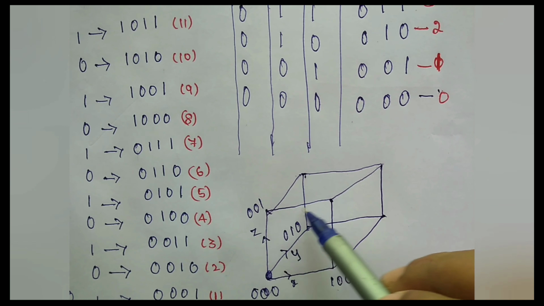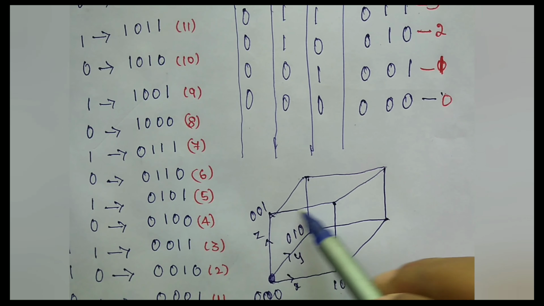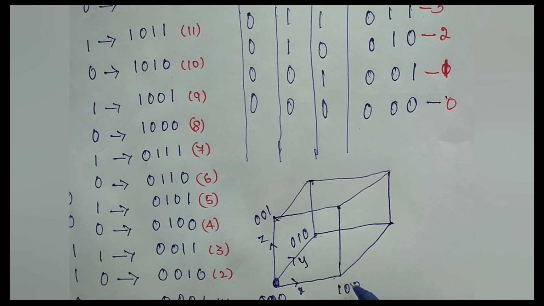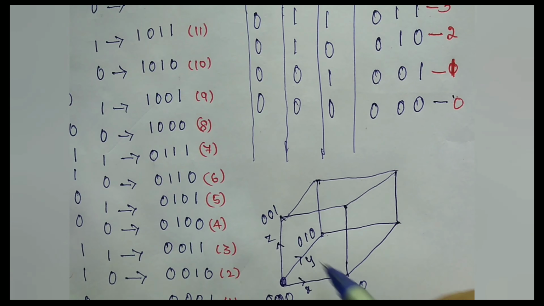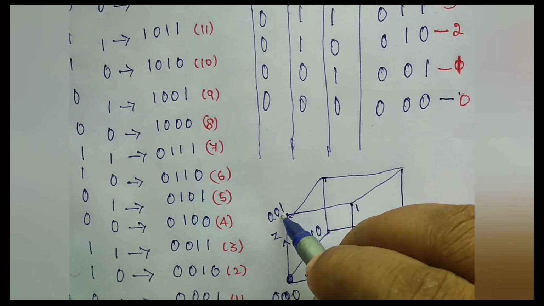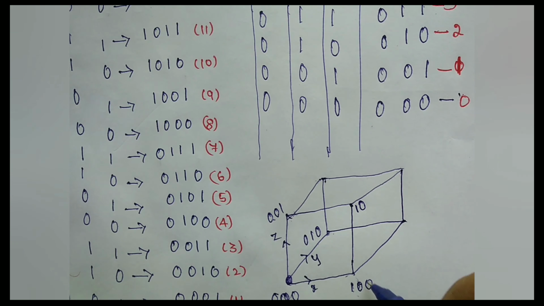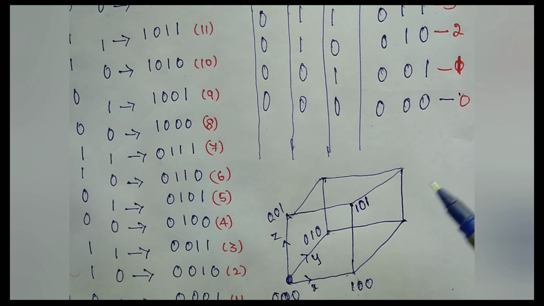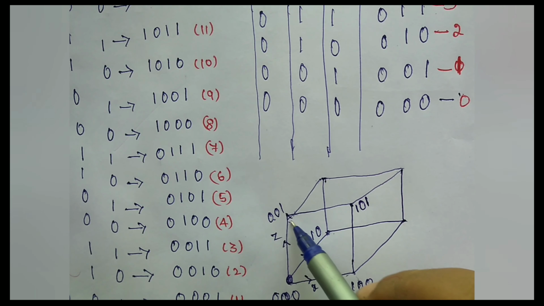Now you take this square. This is not a rectangle, this is a square. So add these two. That is 1 plus 0 is equal to 1, 0 plus 0 is equal to 0, 0 plus 1 is equal to 1. Now we take these two.